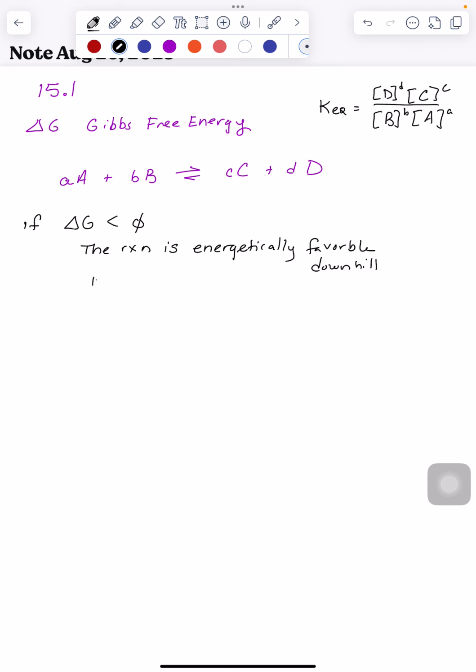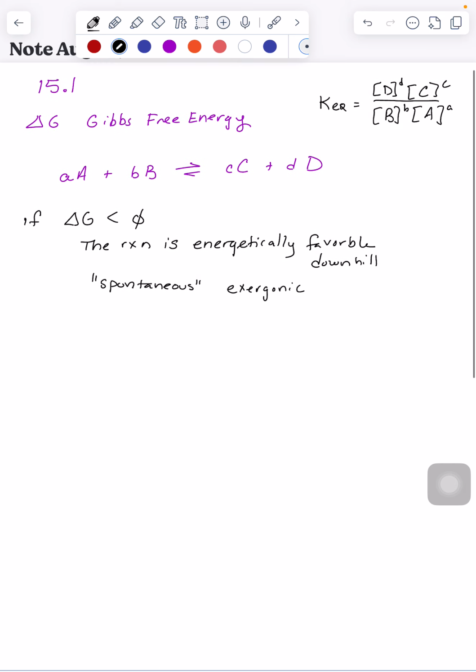That means that it's spontaneous. This reaction will occur without inputs of energy. And in thermodynamics, we call that spontaneous. We also call it exergonic because energy is released in this process. And what that also means is that C and D are more stable than the situation where you have relatively more amounts of A and B.